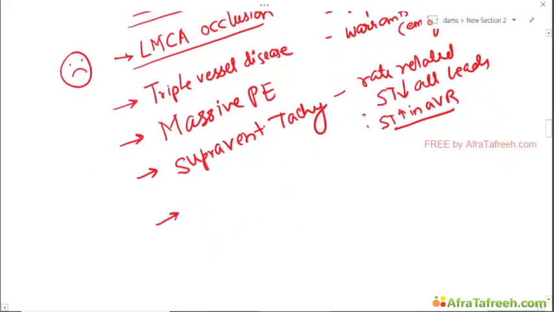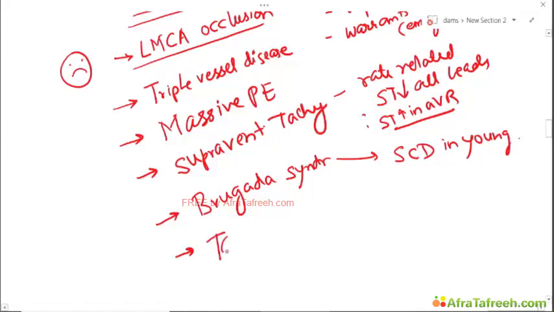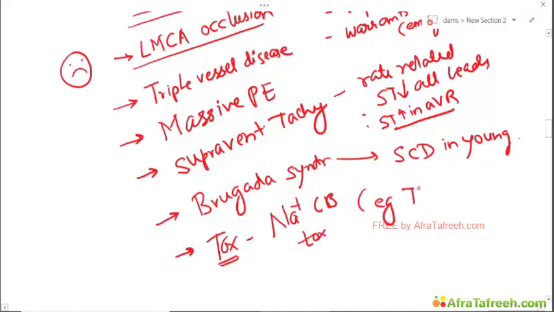Another important differential is Brugada syndrome, which can cause sudden cardiac death in young males. It's a channelopathy. And one toxicologic differential is sodium channel blocking agent toxicity. Examples include tricyclic antidepressants.